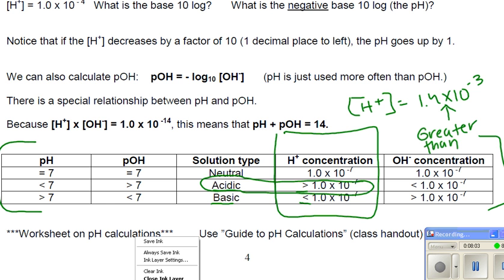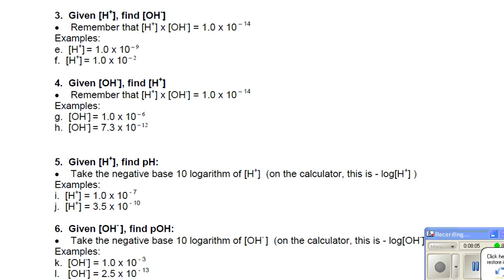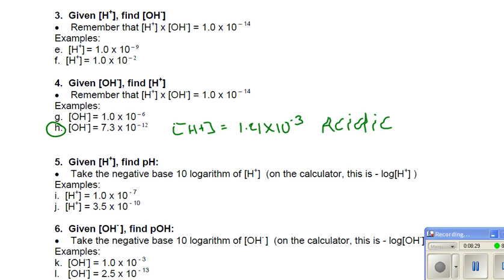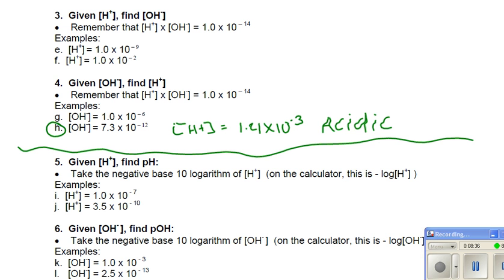So I'm going to go back to the other page. We were on problem H. So the answer would be that the hydrogen ion concentration is equal to 1.4 times 10 to the negative third, and that it is acidic. Now, type 3 problems are solved in the same manner, by division.